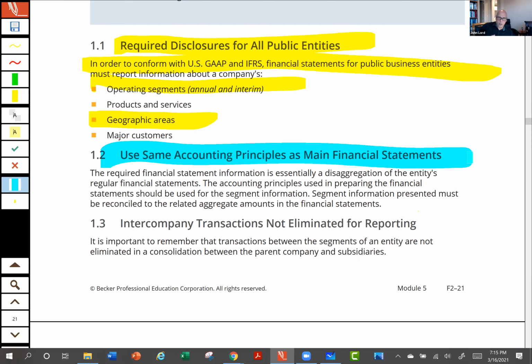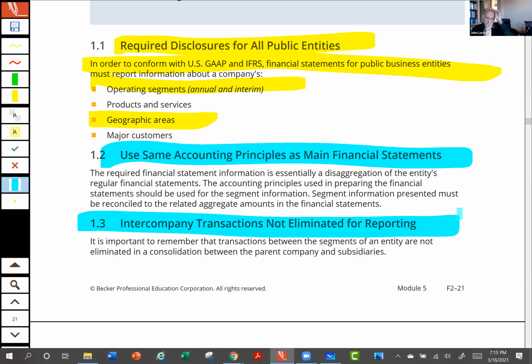You don't use different accounting for your segment information. Whatever the consolidated statements use, that's what you need to use to report your segment information. And we're going to see that when we report the segments, if there is intercompany transactions, we do not eliminate them. We want our users of the financial statements to see these segments as though they were standalone entities. So we do not eliminate intercompany transactions. Okay. Flashcard, those couple of things.